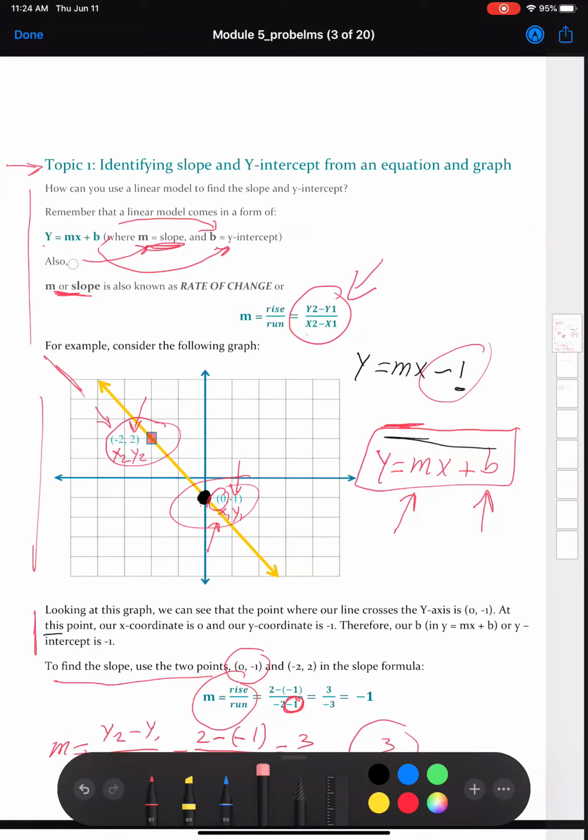It's up here, you guys. I gave you the answer in the sample problem. m is slope, b is the y-intercept. The slope comes right in front of the x, and the y-intercept is the number that's separate from the variable.